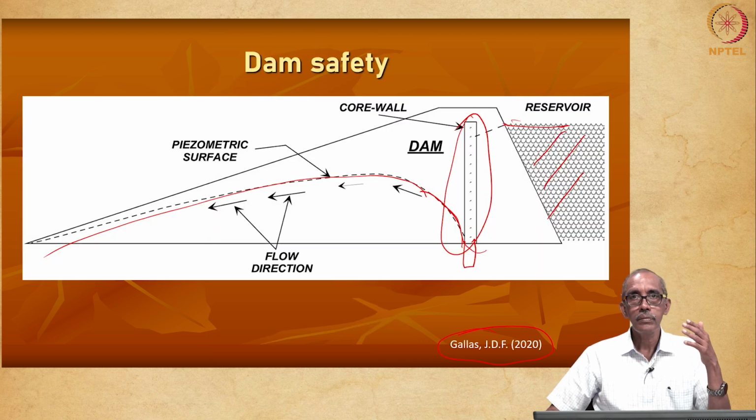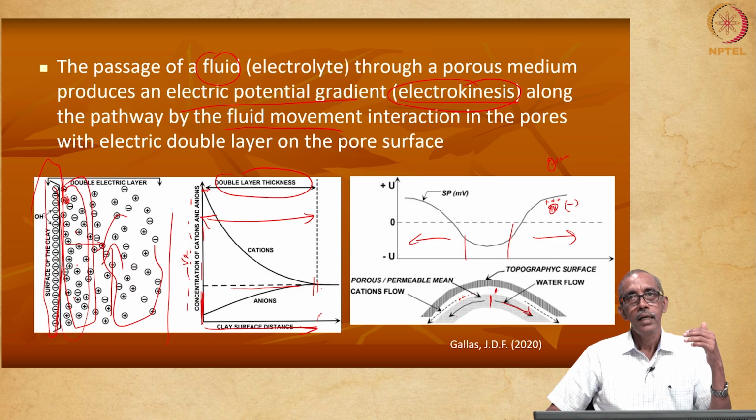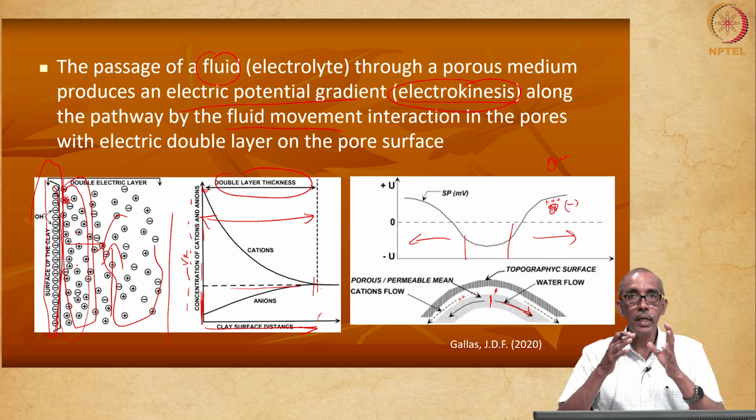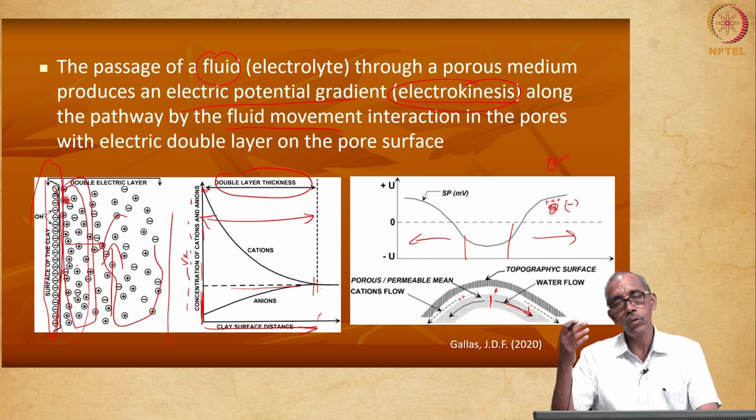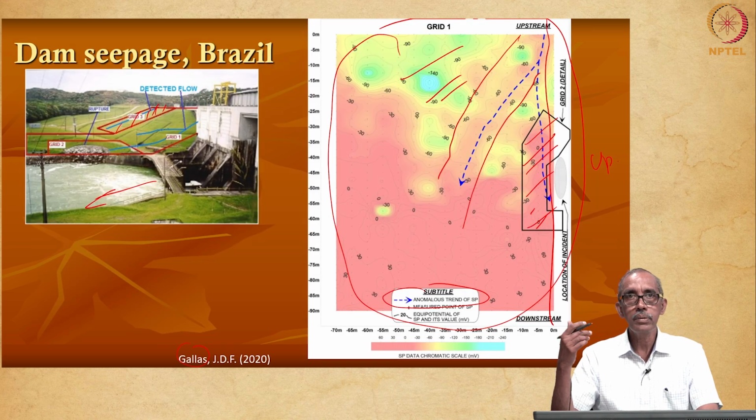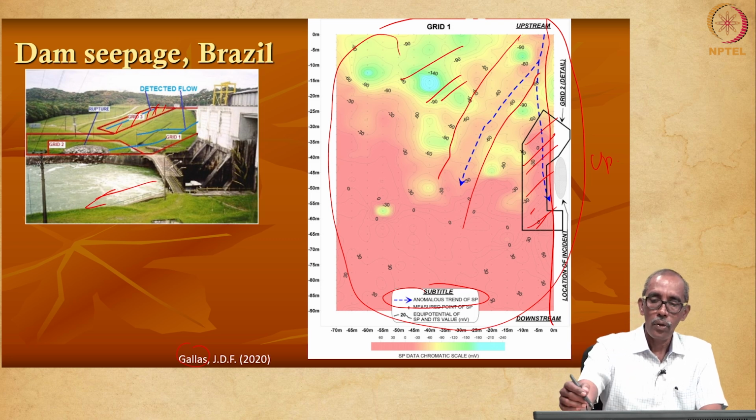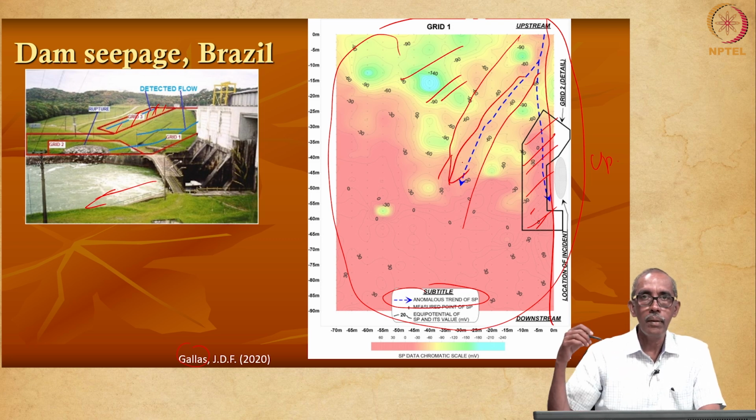Here we tried to understand how the cell potential method can be used to know about leakage beneath the dam, because of electrokinesis due to the formation of a double layer. This double layer also gets changed during the seepage of groundwater, which helps to understand the locations of seepage from the dam.